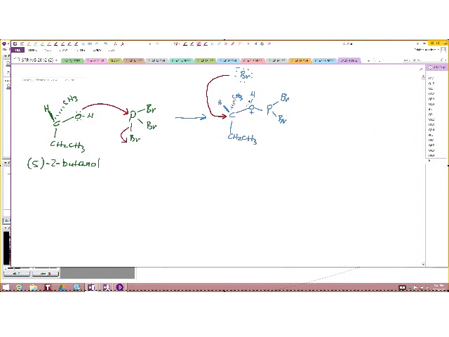When you do that, this dibromophosphite group becomes a good leaving group and leaves. In so doing, what do we have as our product? We have this.